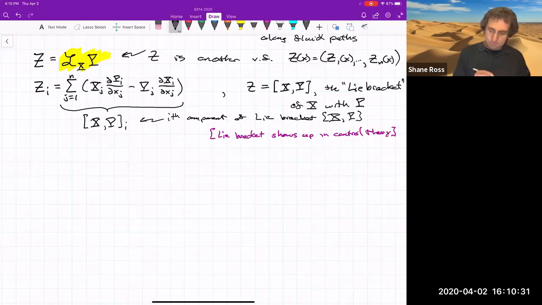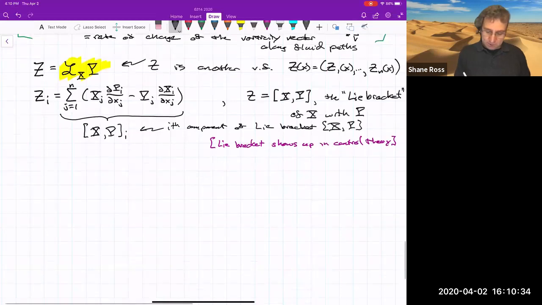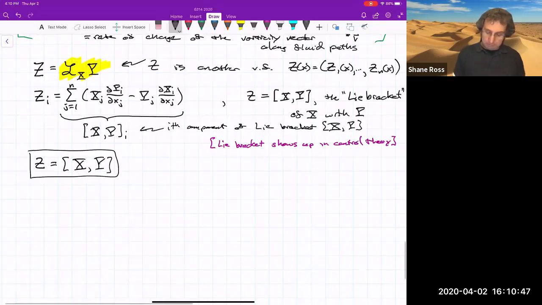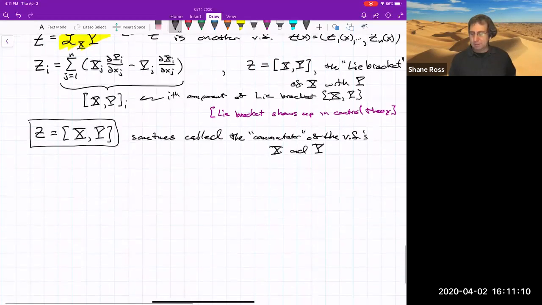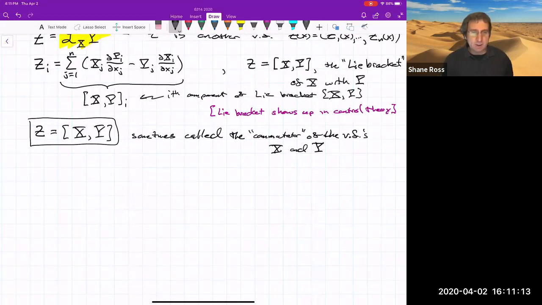Okay. It's the Lie bracket, so Z, the Lie bracket of X with Y. This is also sometimes called the commutator of the vector fields X and Y. You've probably heard commutator language in the context of matrices.